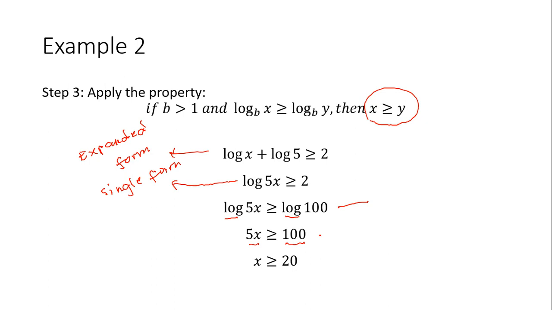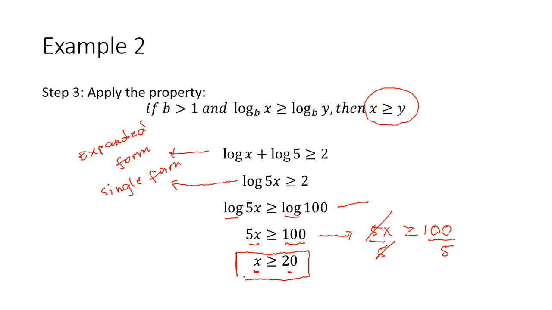We need to remove the coefficient dun kay variable na x, which is 5. So, in order for us to remove that, we will be dividing both sides by positive 5. It will be cancel. Kaya po may x po dito. 100 divide 5, that is 20. So, the value of x is greater than or equal to positive 20.